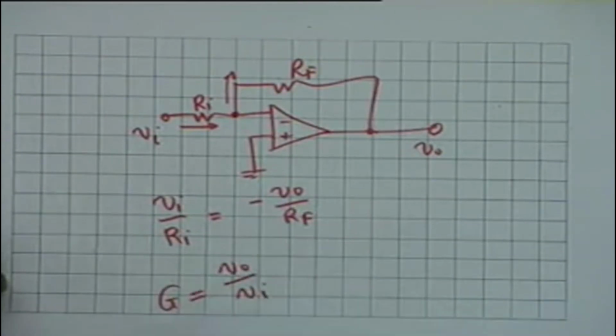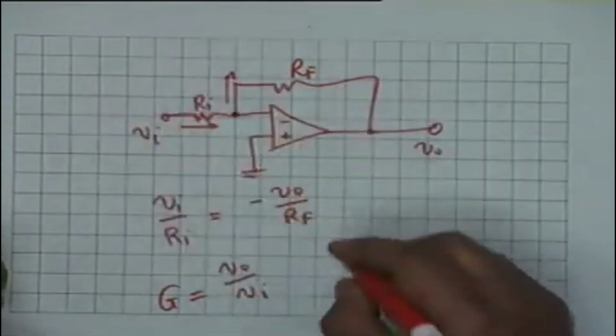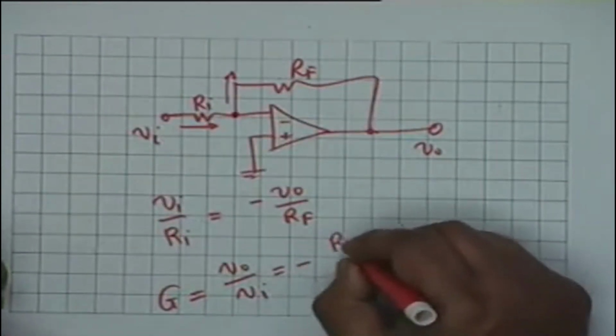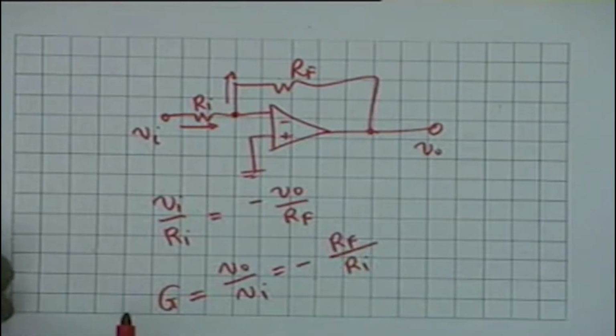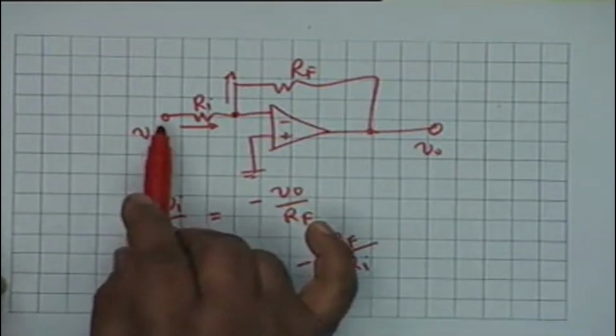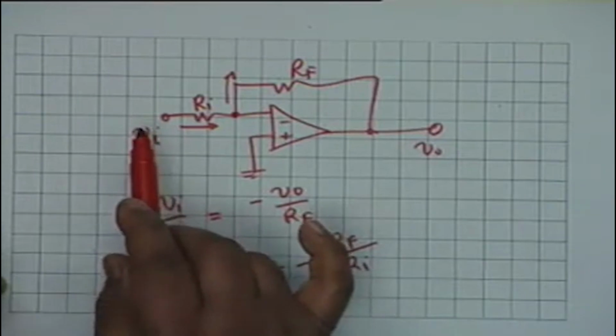and therefore, V naught by Vi, which is the gain of the amplifier, the output voltage divided by the input voltage, is simply equal to minus Rf divided by Ri. And you see, the gain now is inverting, there is a negative sign here. That we expected, because we are applying our potential to the inverting terminal.